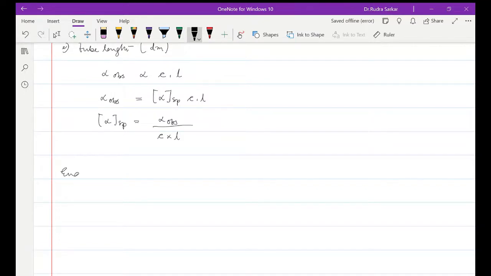So when we say enantiomeric excess, it means one enantiomer is present in excess over the other.